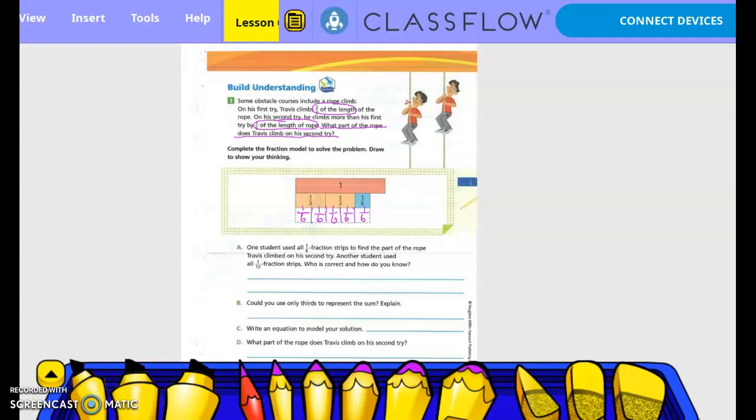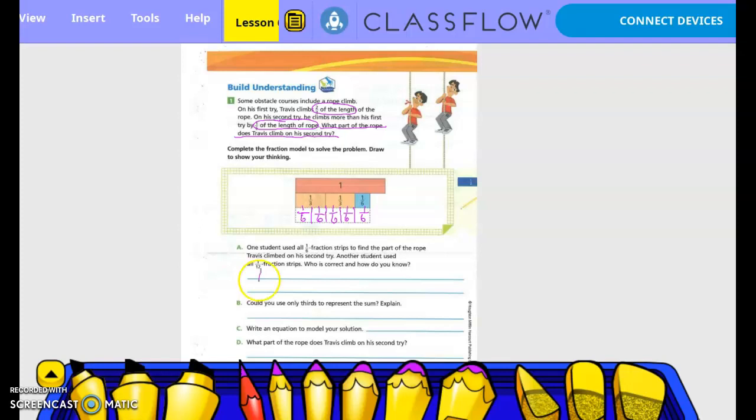Okay, but which one should they have used? The 1/6 or the 1/12? The 6, right? The 1/6 pieces and why? Is that the least common denominator? Yes. You can use the 12, but would you still have to simplify your fraction? Yes. Okay.